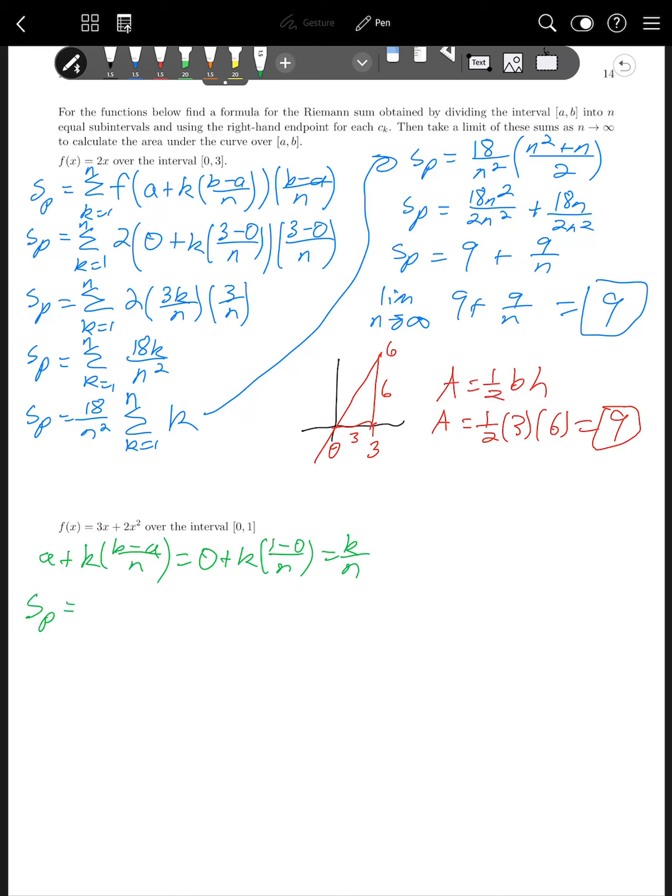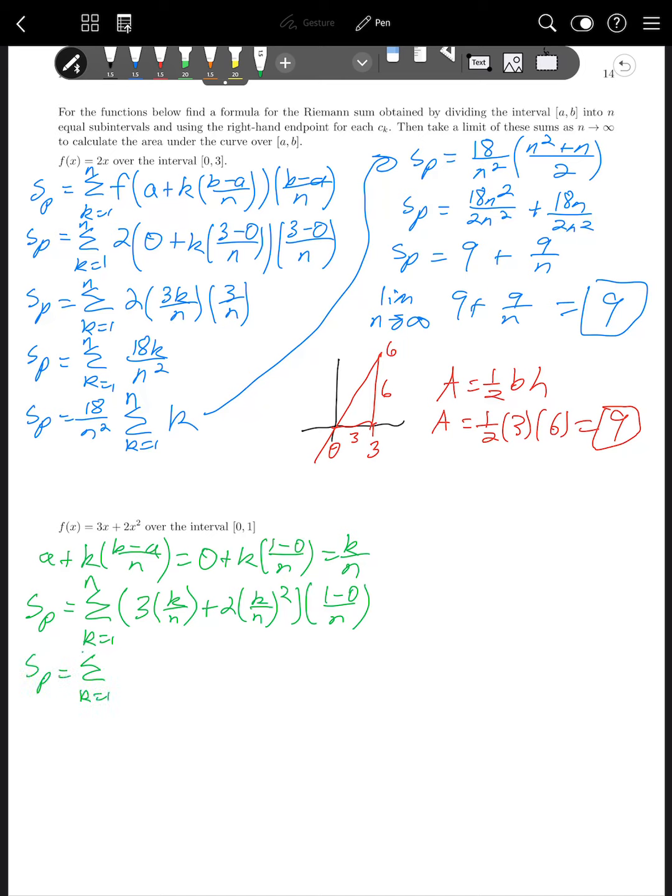So S sub p is going to be the sum from k equals 1 to n of k over n plugged into this function. So that would be 3 times k over n plus 2 times k over n squared, times b minus a over n, which is 1 minus 0 over n. Okay, and so then we can simplify this out a little bit.